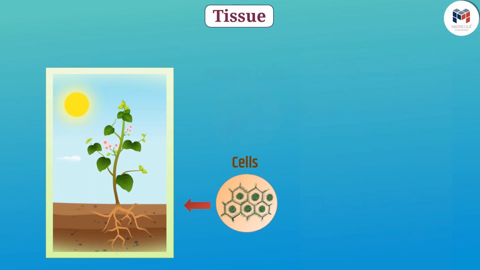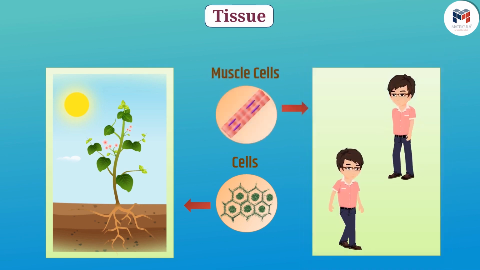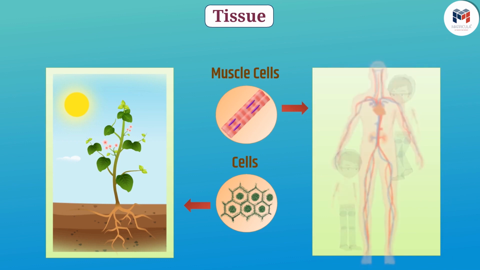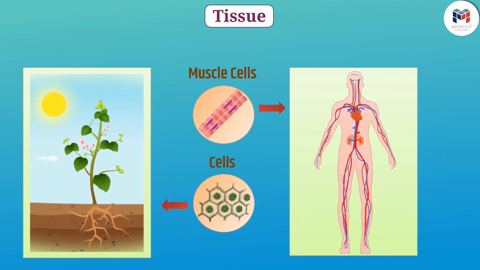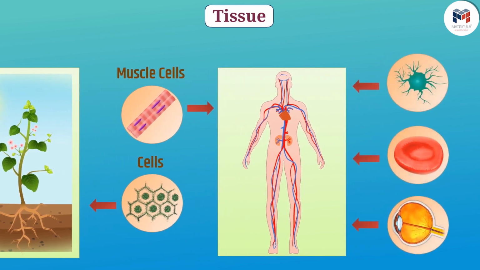In the same way, in humans, the muscle cells contract and relax. This results in movement, and blood transports oxygen, food, hormones, and waste products. In this way, the various functions of the body are divided into different groups of cells. This we call division of labor.